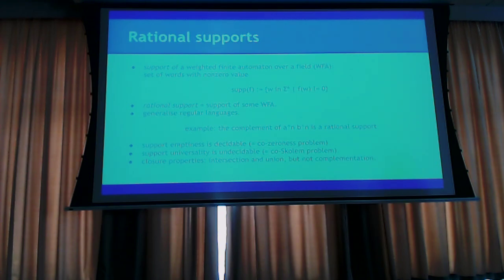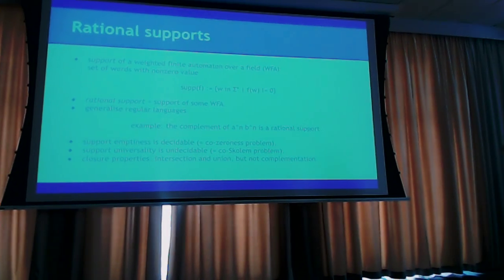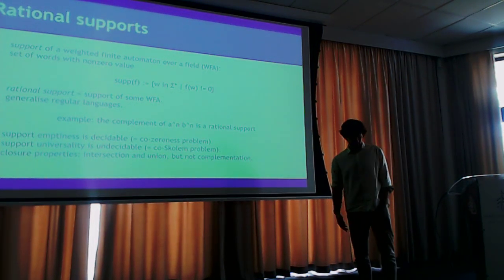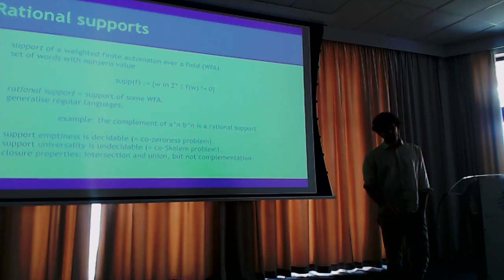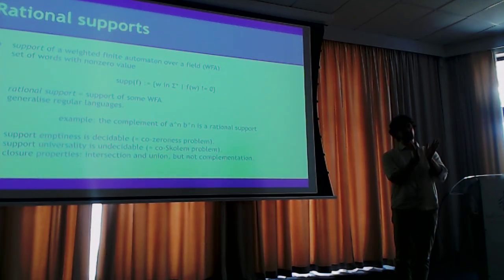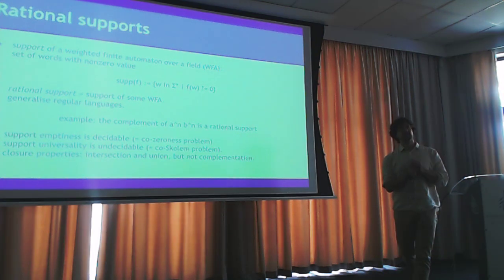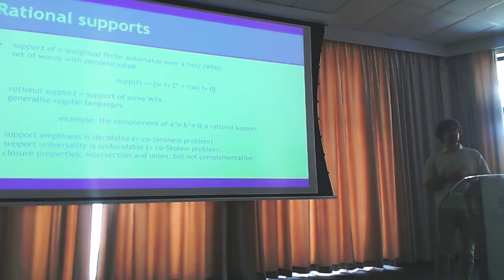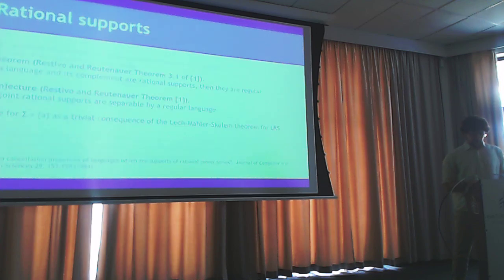You multiply the weights along a single run, then if you have many runs, you sum up what you get. Here, sum and times are precisely the operations of rational numbers.